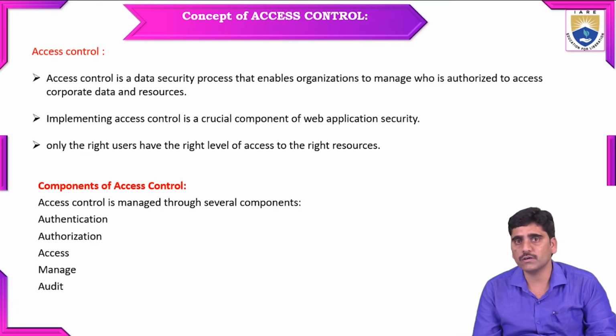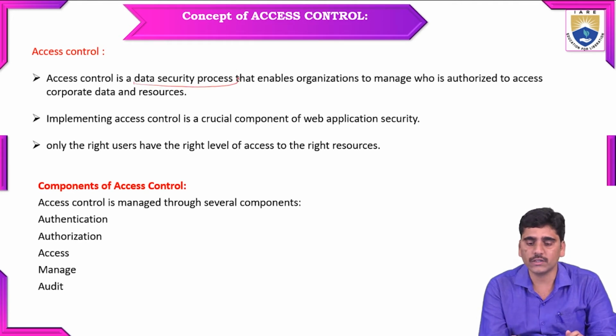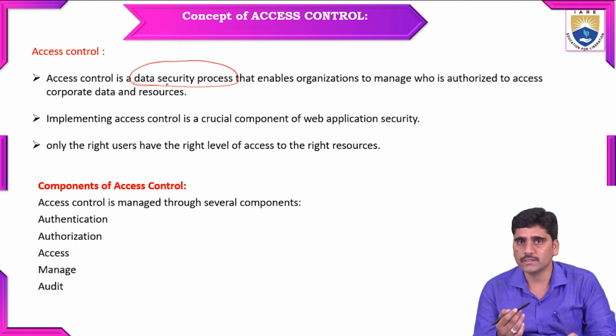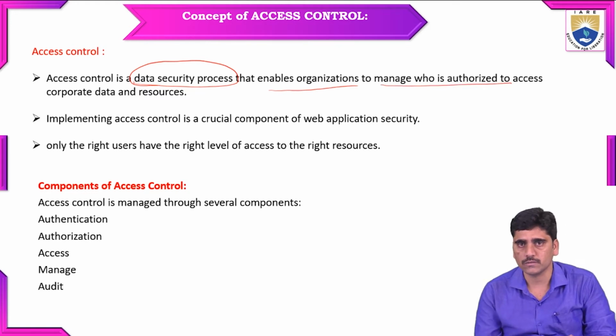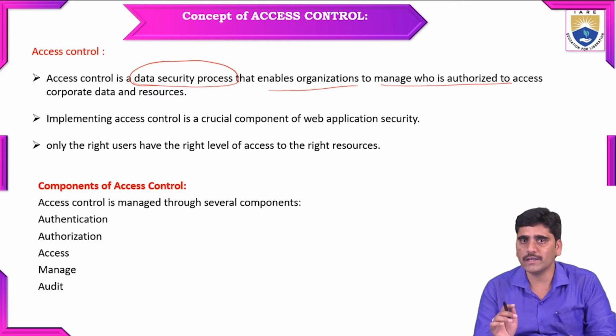So what is the concept? Access control. Access control is a data security process that enables organizations to manage who is authorized to access corporate data and resources. Whoever is authorized to log on to the data, or to access the data, that person's identity has to be verified.